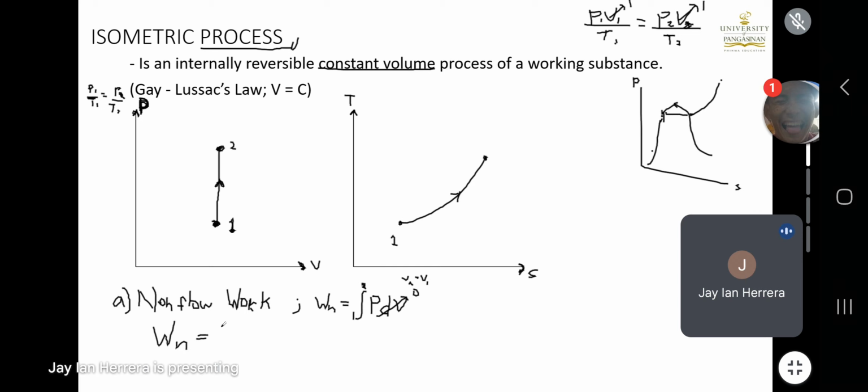So, for example, nagpa-quiz ako, number 1, letter A, get the non-flow work for this isometric process. So, lagay nyo lang doon, 0 kagad. May points na kayo. So, next is steady flow work.